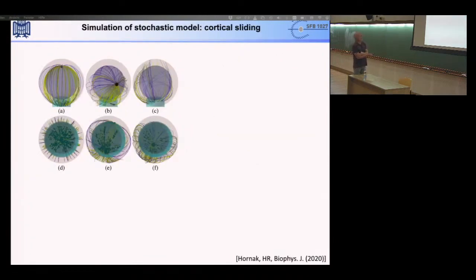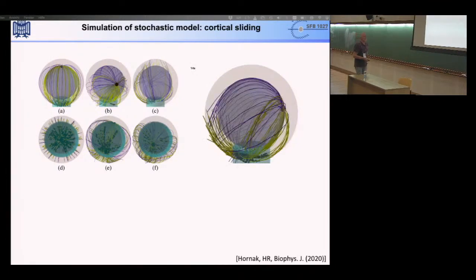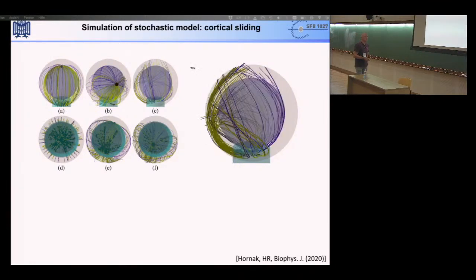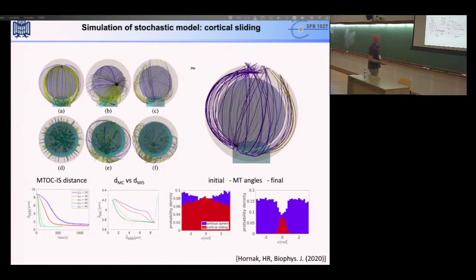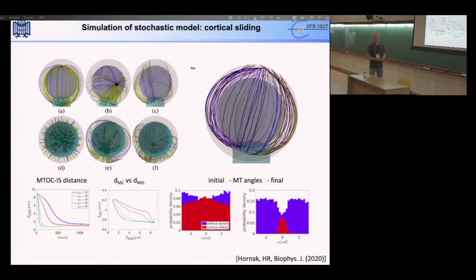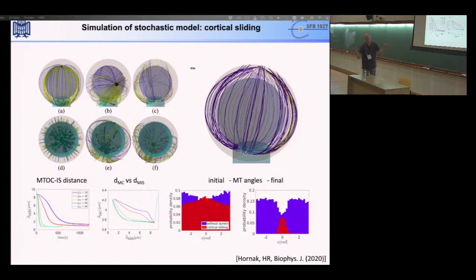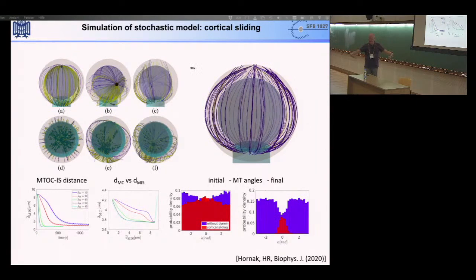This was capture shrinkage. If you assume pure cortical sliding, everything goes much slower. When you see the time scales here, they are much longer. And when you look at the movie, you also see why. In cortical sliding, many microtubules will attach tangentially to the immunological synapse.